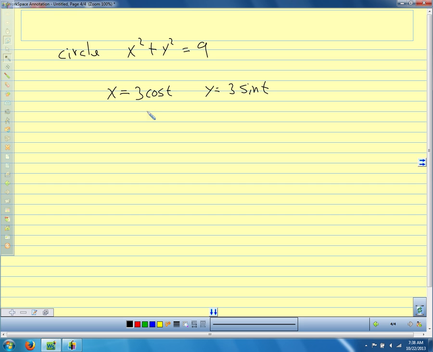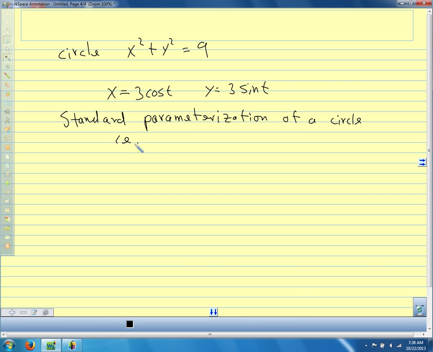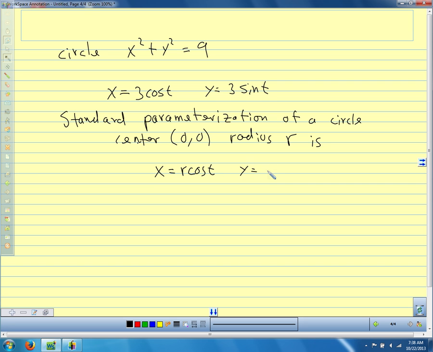And then when I square, x squared plus y squared, I get 9. So that's our standard parameterization of a circle. This was a good one to know. Our circle centered at the origin, radius r, is x equals r cosine t, y equals r sine t.